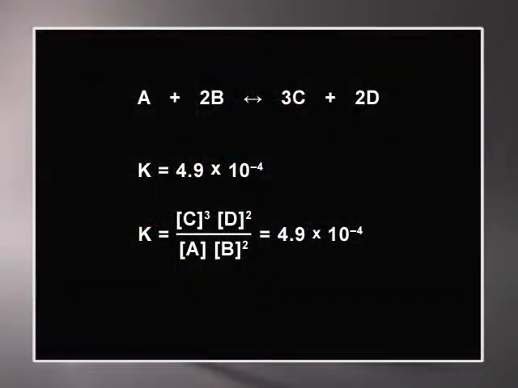You are absolutely certain that no matter what the individual concentrations of A, B, C, and D are, the concentration of C cubed times the concentration of D squared divided by the concentration of A times the concentration of B squared is going to equal 4.9 times 10 to the minus 4th when the system is at equilibrium.